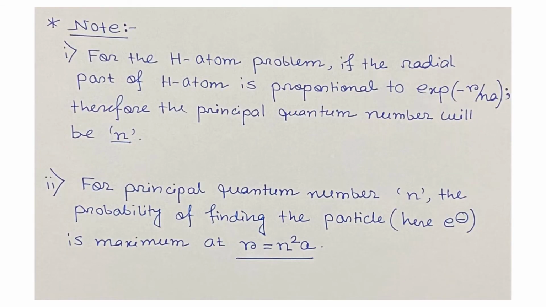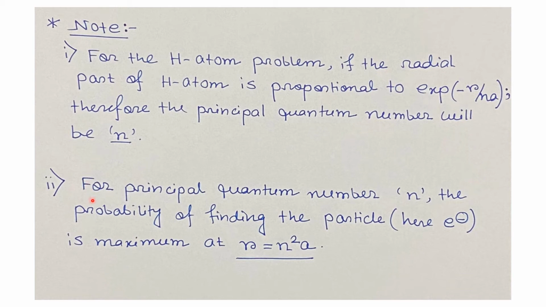Now we will discuss some important tricks to solve this kind of problem. The radial function given in the question is similar to the radial part of the hydrogen atom wave function. For the hydrogen atom problem, if the radial part is proportional to exp(-r/na), then the principal quantum number in that case will be n.